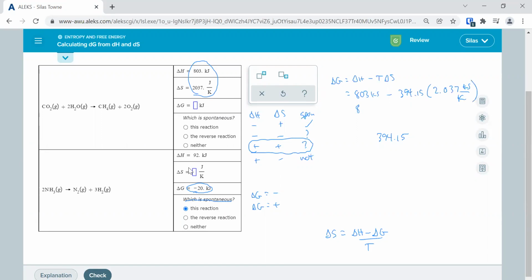And so I get 803 minus 802. Now this is a close one. And so we get 0.12.